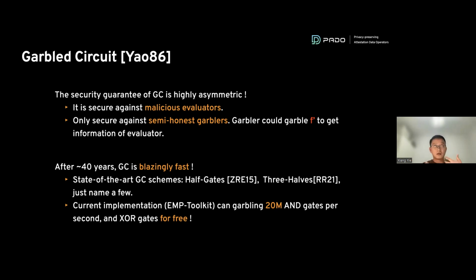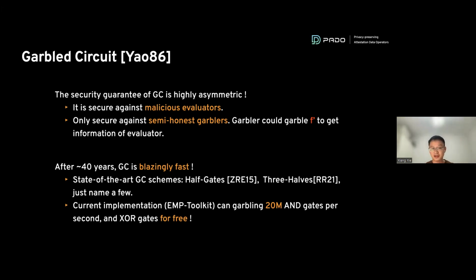So if you want to design a maliciously secure garbled circuit, for example authenticated garbled circuits (AGC), all you have to do is find a way to prevent the malicious garbler from garbling a different function f prime, what we call a selective attack. This is the security property of GC.